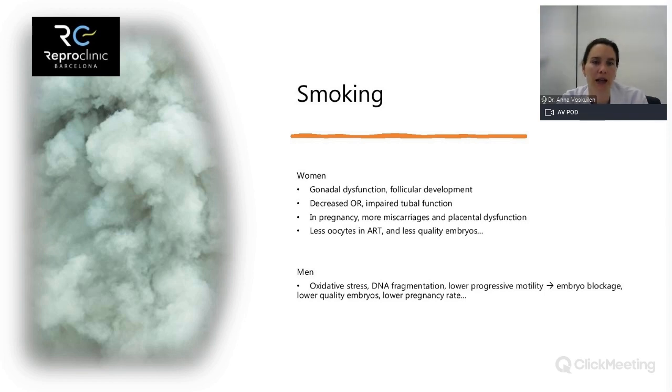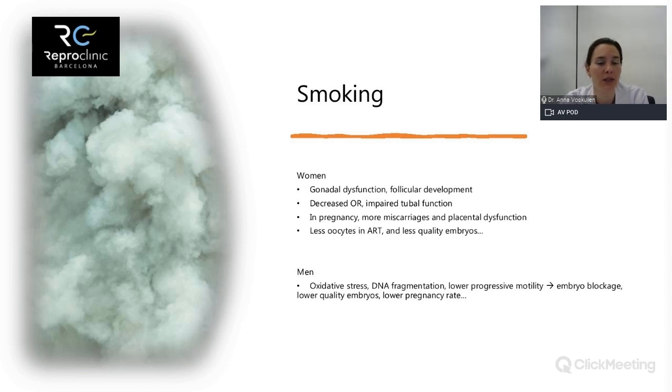Okay, and it can also have an impact on tubal function. Of course, during pregnancy, it can create more miscarriages, placental dysfunction, that means that the placenta doesn't work correctly, so the embryo and the baby doesn't grow as it should. And in assisted reproductive techniques, we could have fewer oocytes and lower quality embryos.